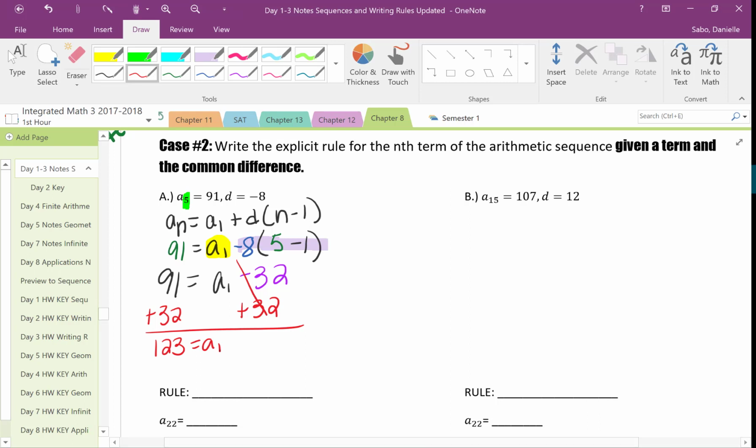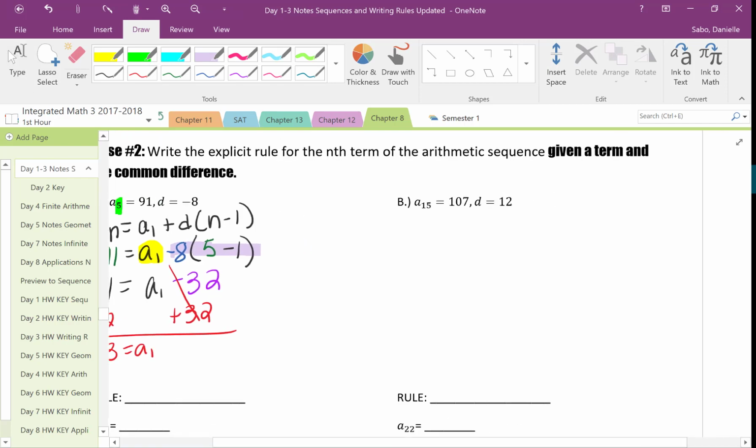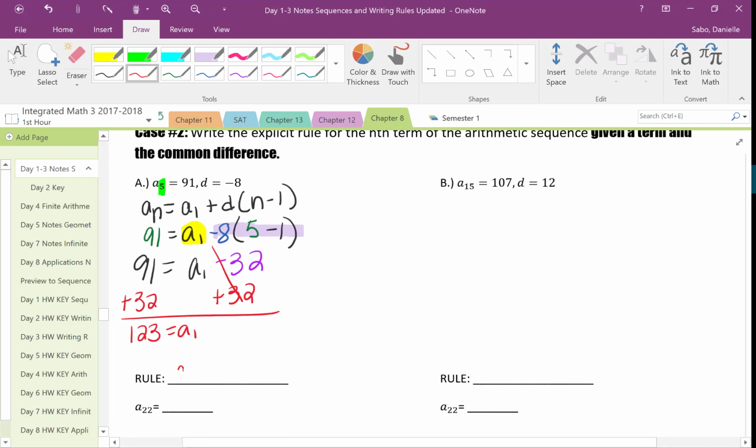Now we need to write a rule based off this. That is one extra step than what we did in the past. Now I know the value of the first term, and I can go back to what we did at the top and write the actual rule. I have the value of any term. What is the value of the first term?